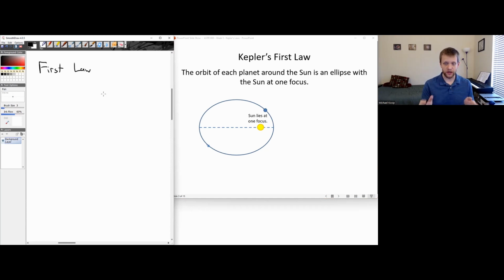Already off the bat, there's a lot of terminology here, so we're going to have to be a little bit careful, but let's just write that down. So orbits are elliptical with the sun at one focus.